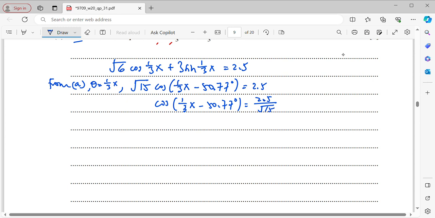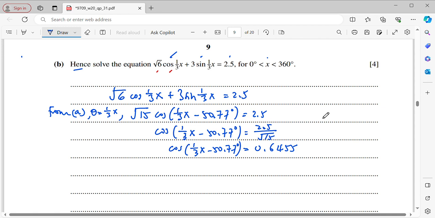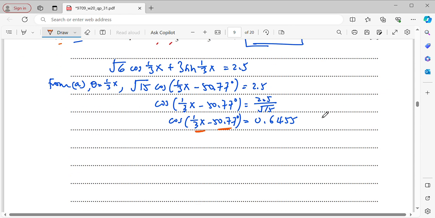Okay, and this is going to be 0.6455. So now, since the cos is a positive value, that means the angle will be in the first and fourth quadrant. But of course, first of all, we have to get the new interval because you are given x from 0 to 360 degrees. But then now you are solving 1/3 x minus 50.77 degrees. Okay, so now I will get the new interval first.